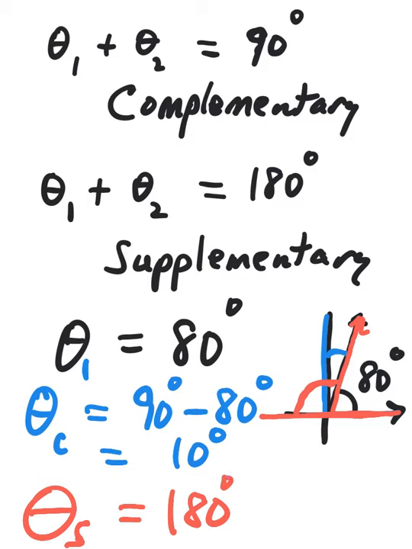So you'll use 180 minus the original angle to find the supplement to 80. 80 and 10 make 90, so 10's the complement. 80 and 100 make 180, so that's the supplement, 100.